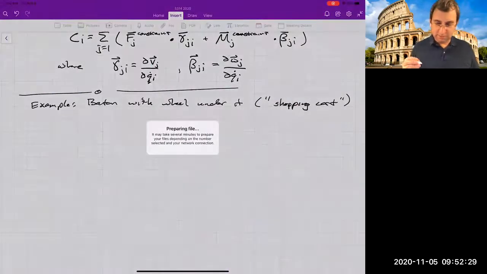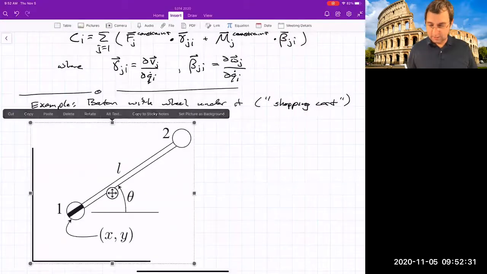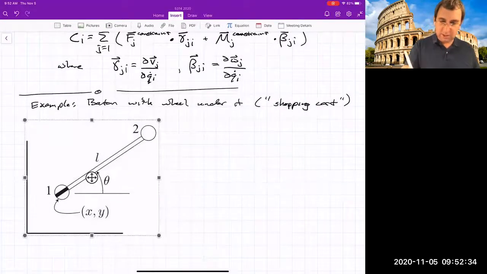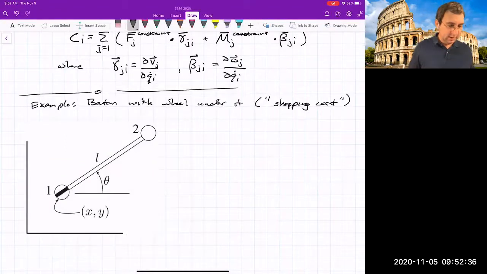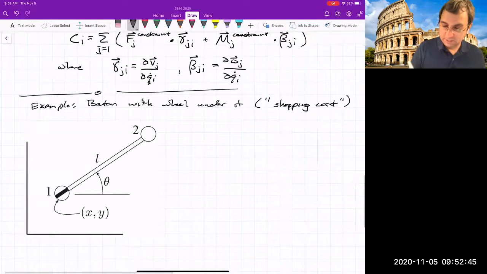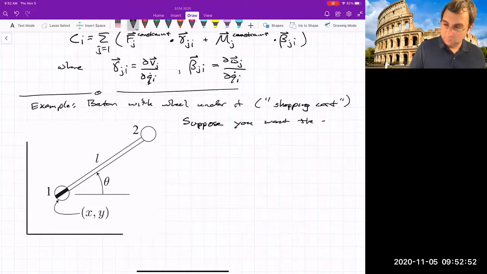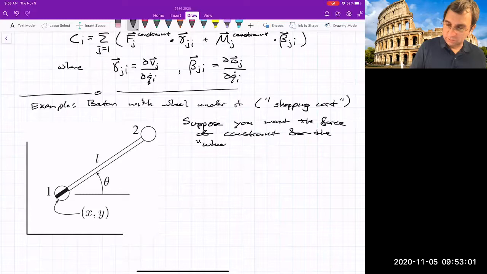Okay, so we got this situation, and suppose you want to know what the force of constraint is for the wheel.